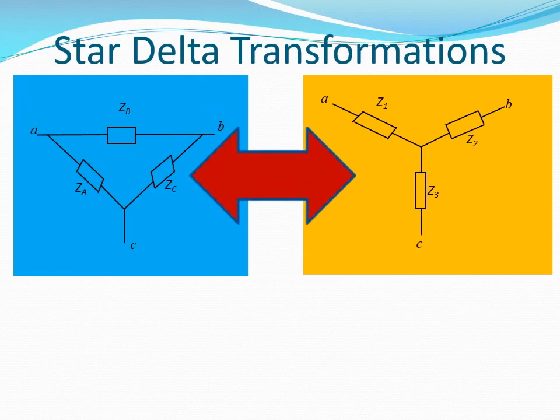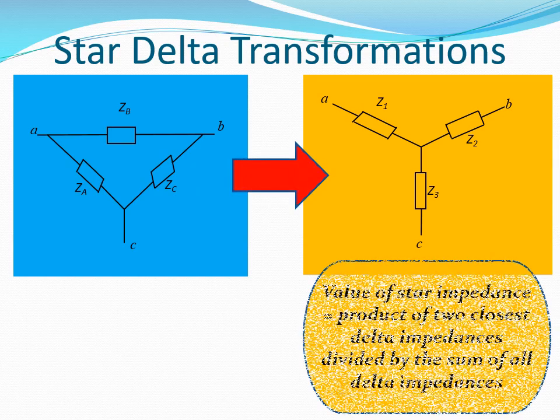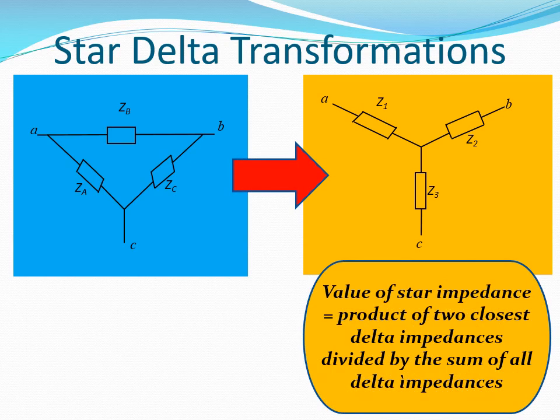Star-delta transformations may be necessary during the calculation of overall impedances for networks. To convert a delta network into an equivalent star network, the value of each star impedance is calculated as being equal to the product of the 2 closest delta impedances divided by the sum of all the delta impedances.